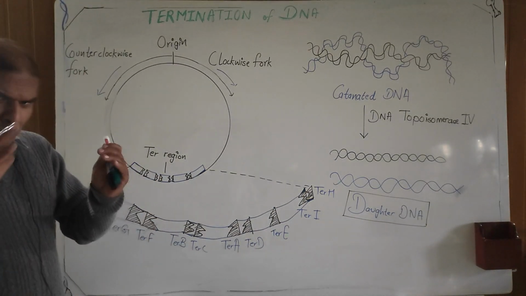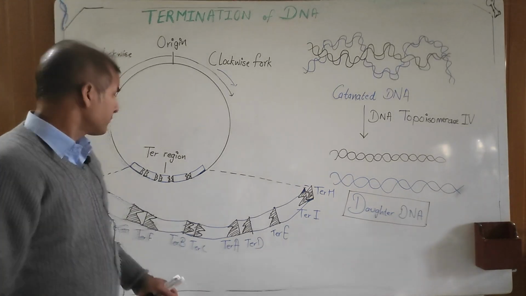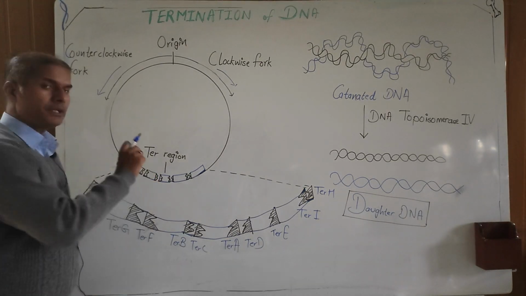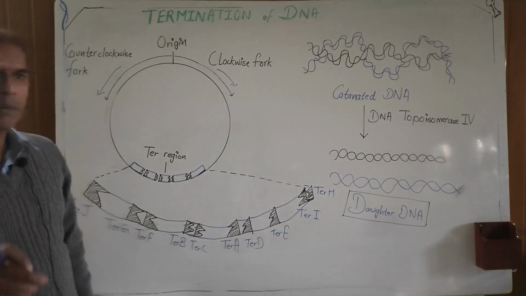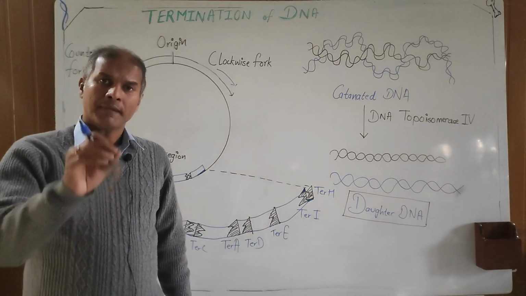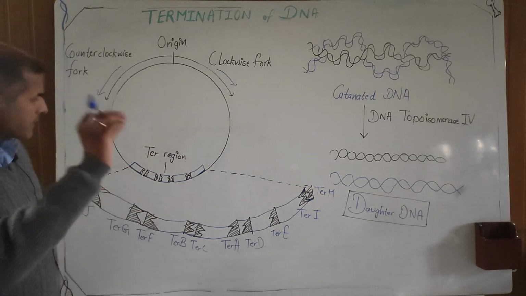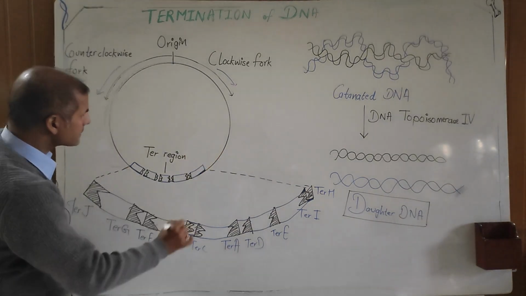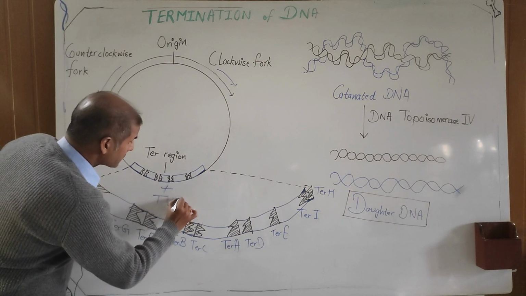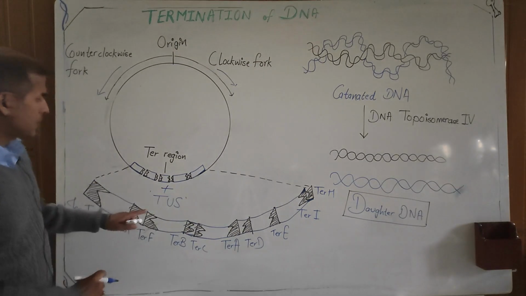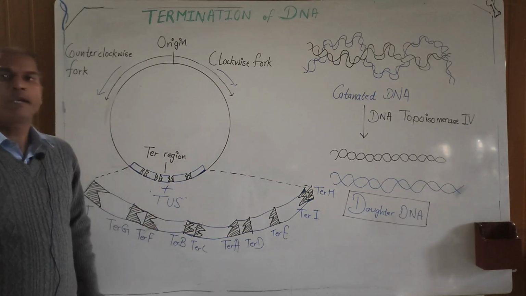Another most important point is that the TER sequence alone cannot terminate the replication process. The TER sequence binds with a special type of protein that is called TUS.